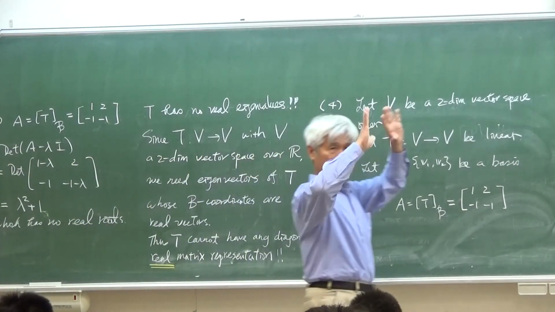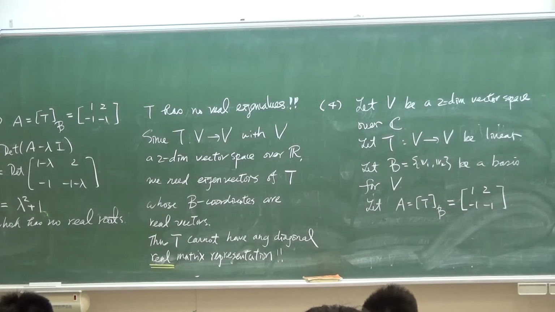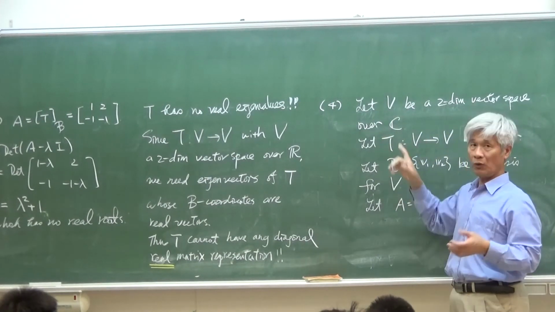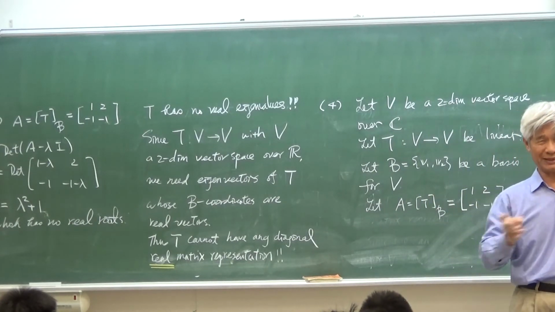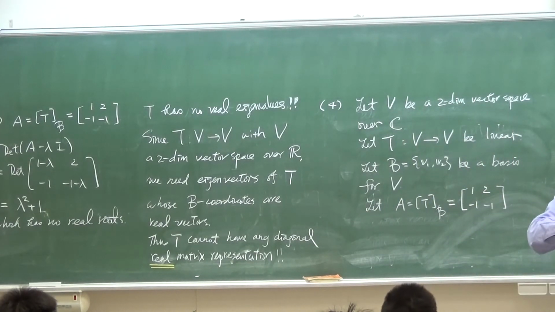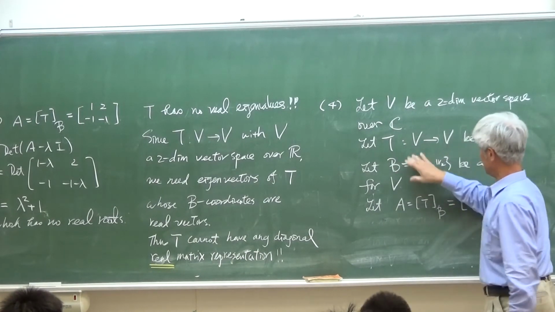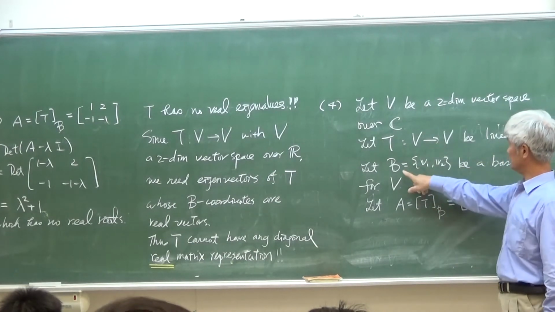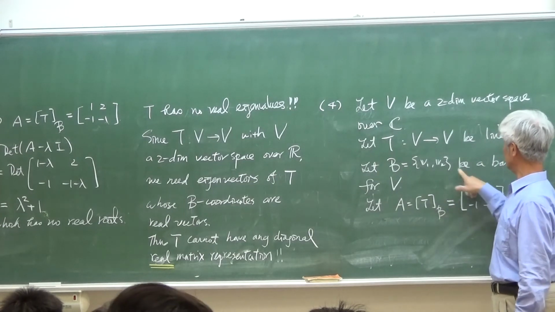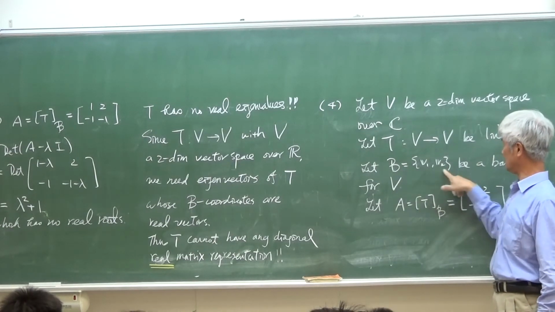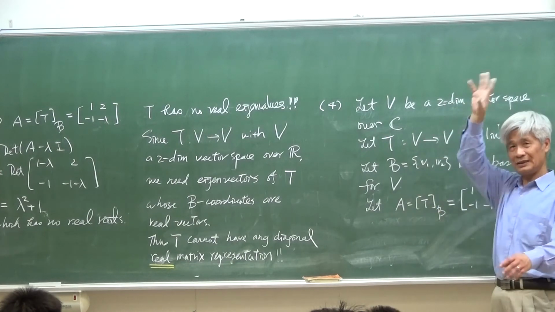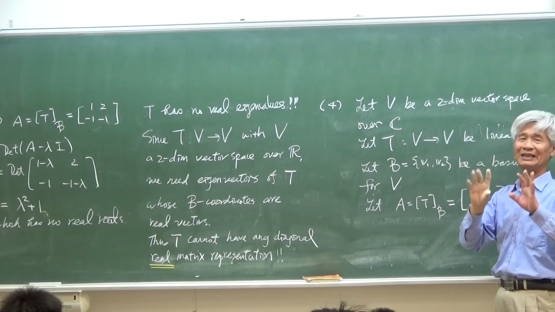Now we change the setting. Here, we have a two-dimensional vector space V, but it's over the set of all complex numbers. So the scalars now are all possible complex numbers. And T is a linear operator on this complex vector space. Now, again, let B be a basis for V. Of course, the basis will be different from that basis; it's just a notation, okay?